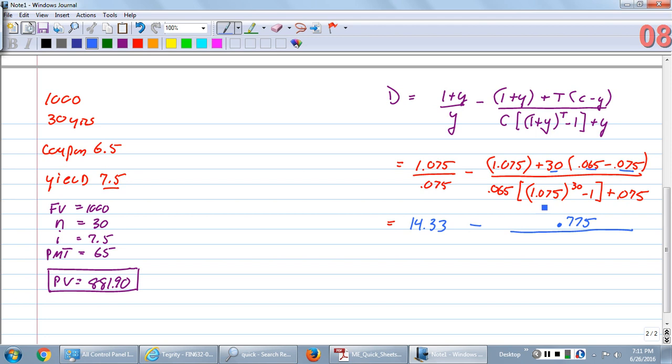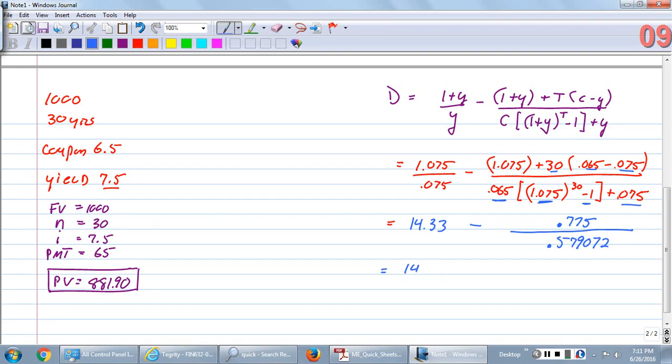Now in the denominator, I'm going to take 1.075 and raise it to the 30th power. I get a number, then I subtract 1, multiply it times 0.065, and then add 0.075. So here I get 0.579072, long number there.